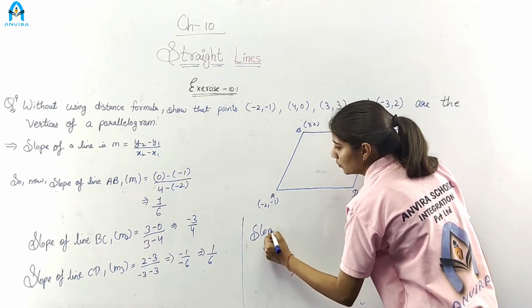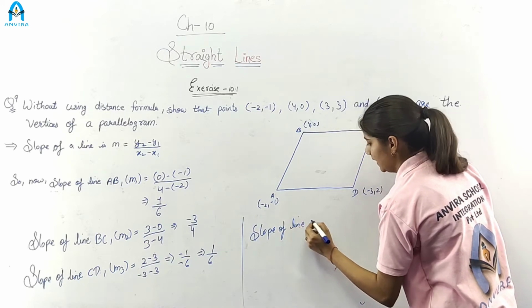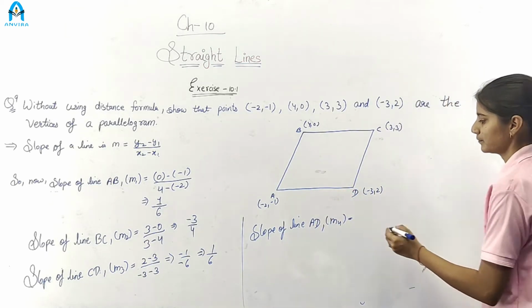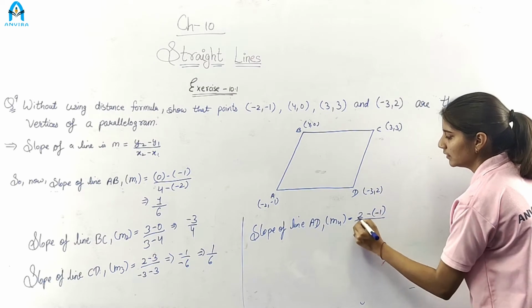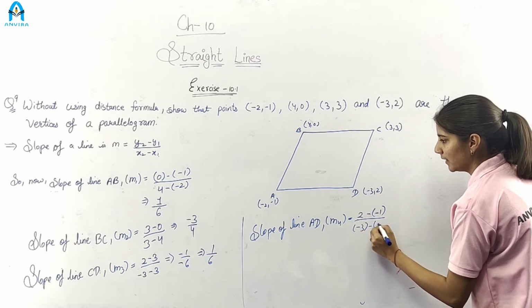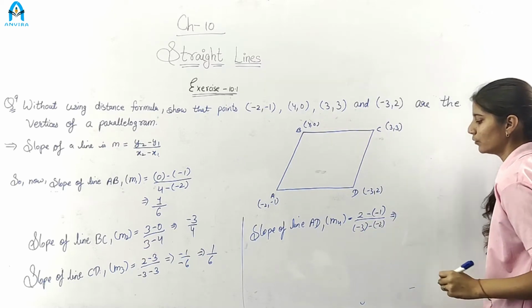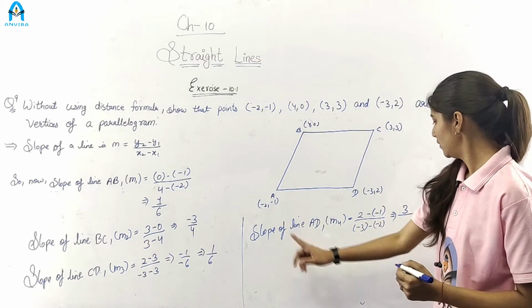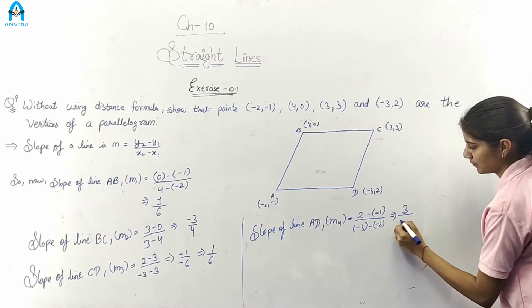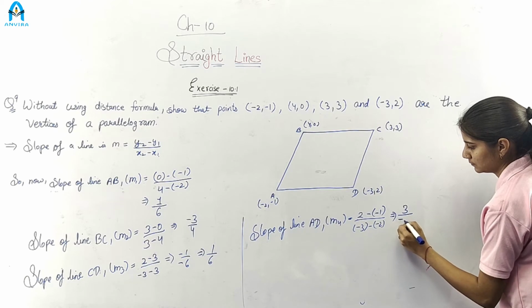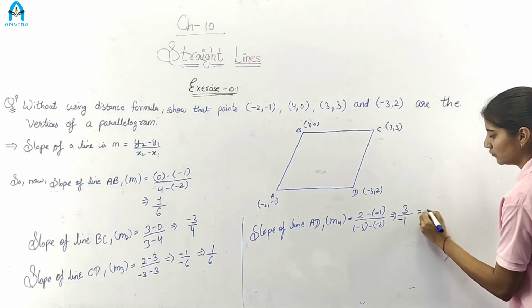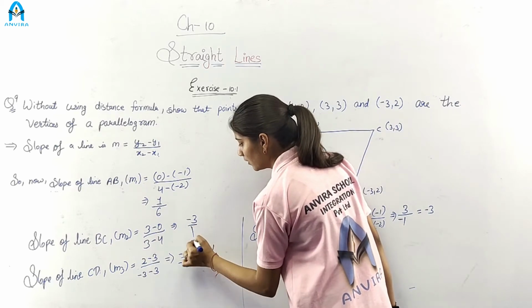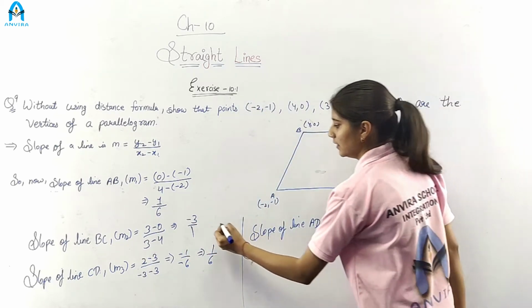Similarly, the slope of line AD, that is m4, equals 2 minus (-1) divided by minus 3 minus (-2), that is 3 by minus 1, which is minus 3.